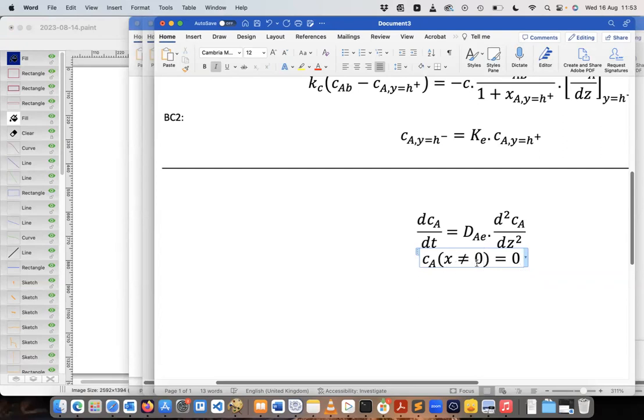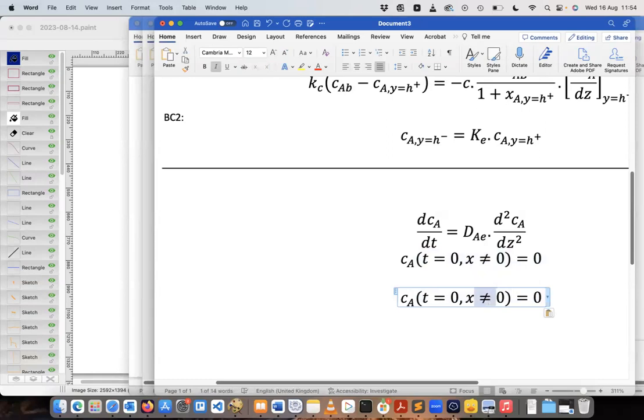Of course, this only applies when t equals 0. So initially, we have none of the petroleum anywhere other than at 0. At 0, we have a non-zero concentration. So where x is equal to 0, it's equal to, and I'm just going to call it a constant here.